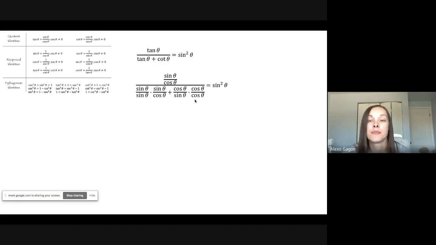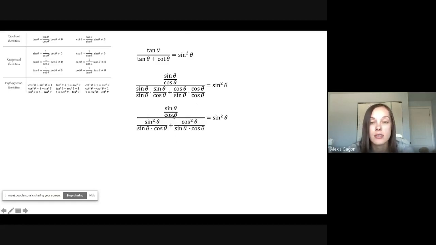Okay, and when we do that, on top we're still left with sine of theta over cosine. From this part, you get sine squared of theta over sine of theta cosine of theta. Here, you get cosine squared of theta over sine of theta cosine of theta. Okay, any questions on that part?